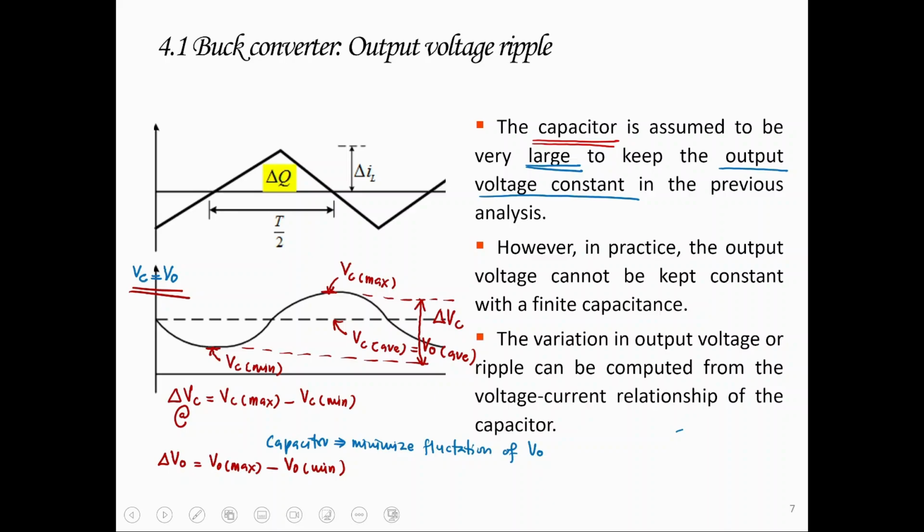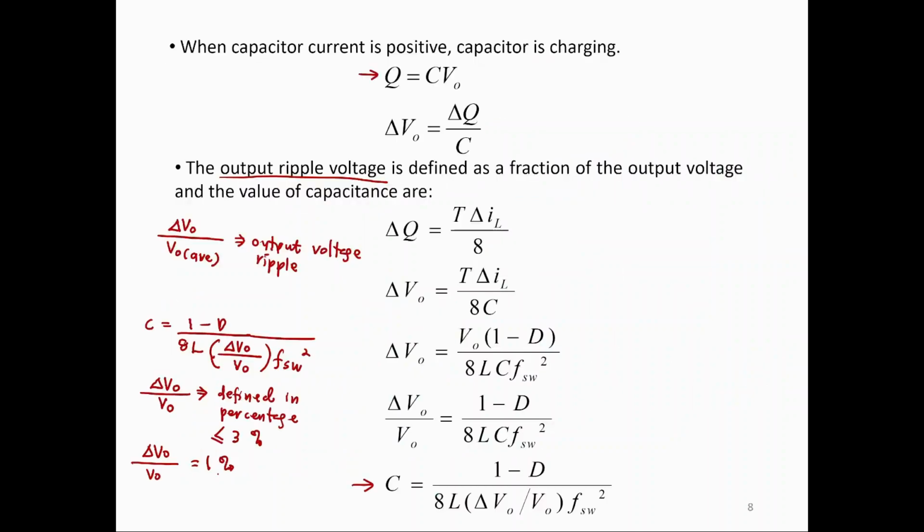So maybe your output voltage ripple is, let's say, 1%, 2%, 0.5%, and something like that. So it's normally defined in terms of percentage. If you want to use this information of output voltage ripple, change it to the decimal value, which is 1 divided by 100 or 3 divided by 100, whatever is specified in the question.